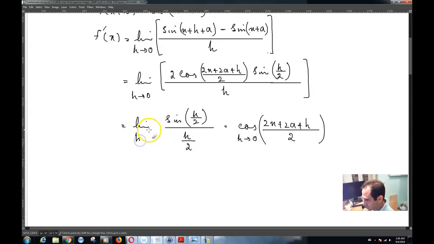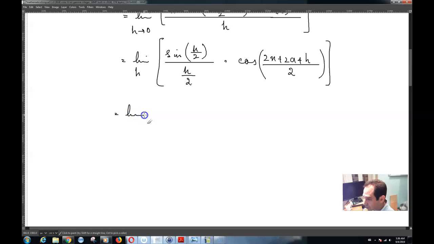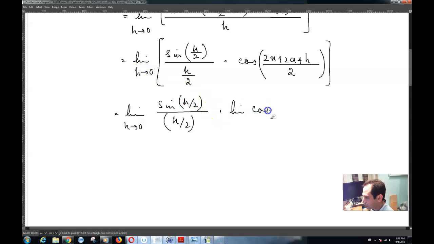So you can write this limit as the limit of sine of h divided by 2 divided by h divided by 2 when h tends to 0, times the limit of cos of 2x plus 2a plus h divided by 2 when h tends to 0.